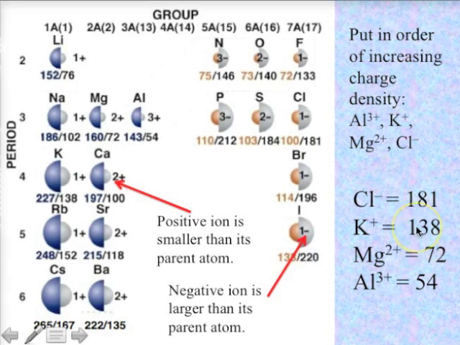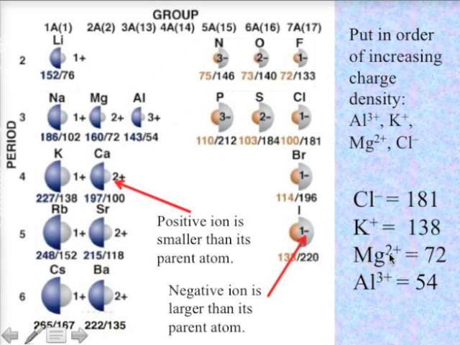And since we're talking about a -1 or a +1, the charge is the same. They're opposite, but the same in terms of Coulomb's law. But the size is the difference. The potassium ion is smaller and therefore has a higher charge density.